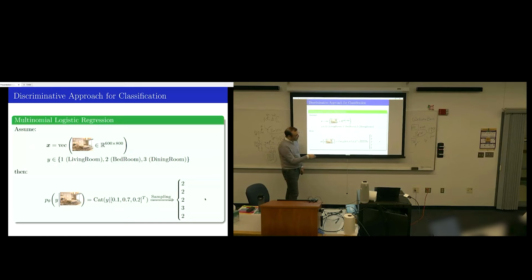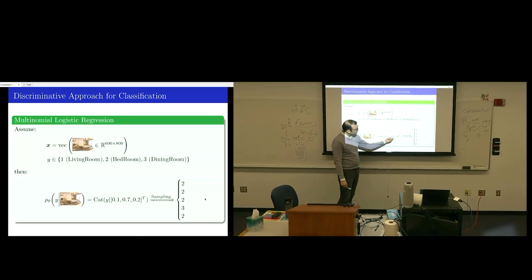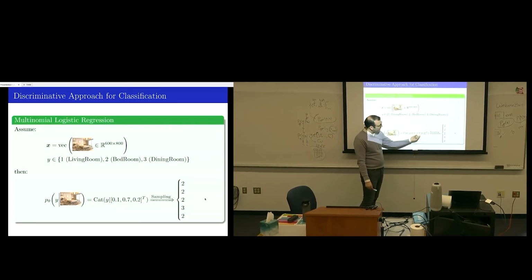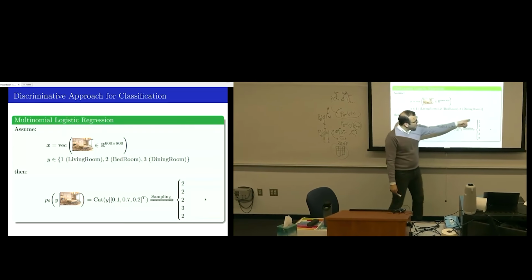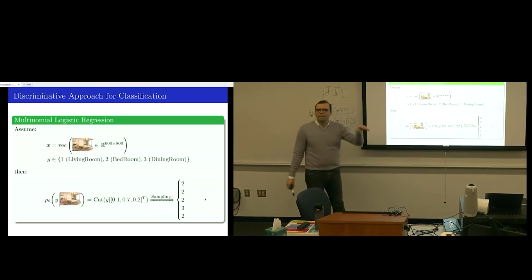I can sample from this generative model, and because the second parameter has a higher value, you generally see the second output in your sampling process.